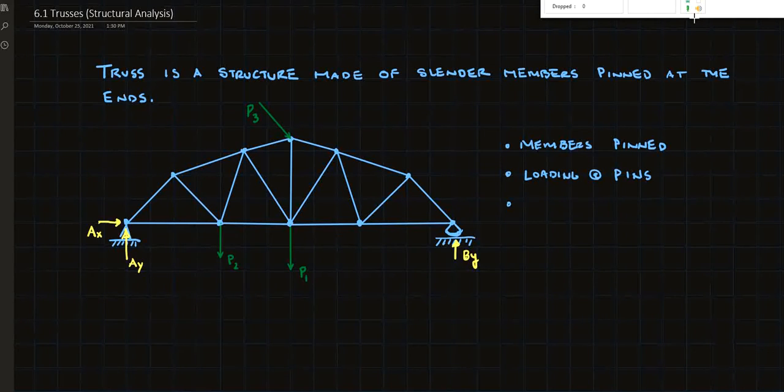This is going to end up being a 2D analysis, so this is planar.